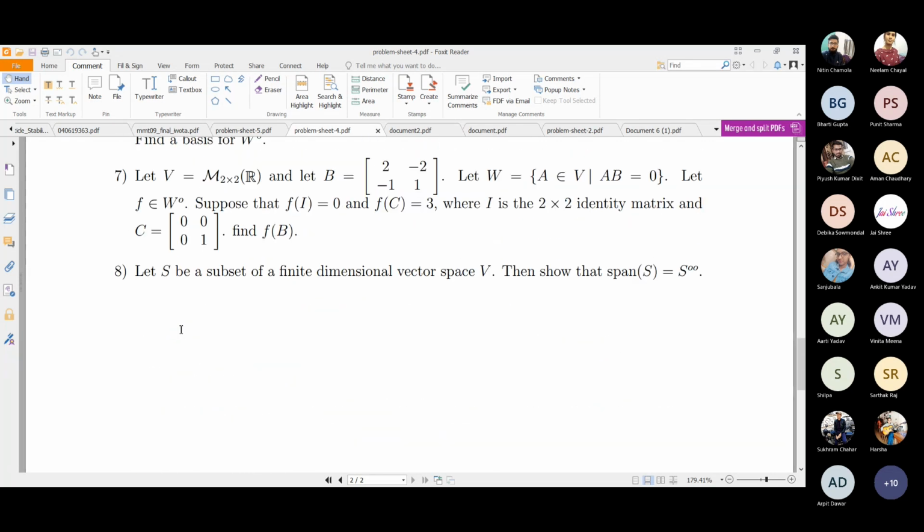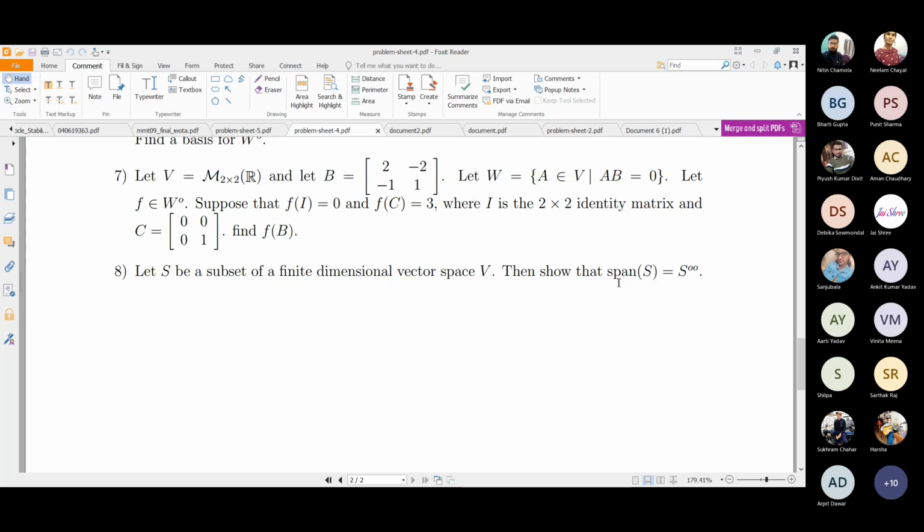Yes. Okay. So, S is a subset of a finite dimensional vector space. Then we have to show that the span of S equals S double naught. So, basically, you can say it is a double annihilator, or it is an annihilator of this S naught.